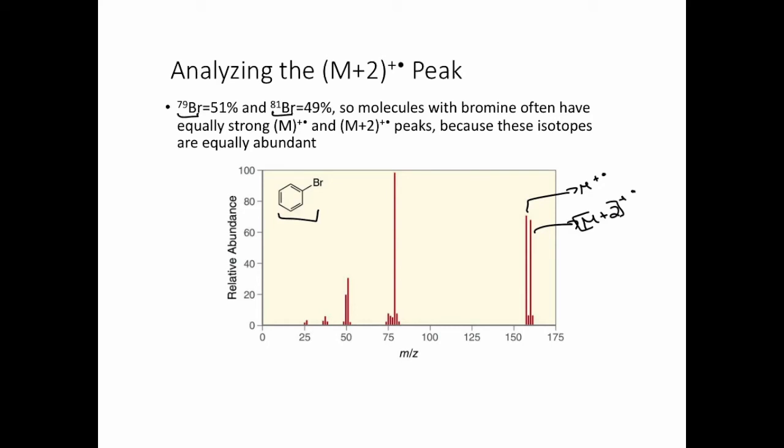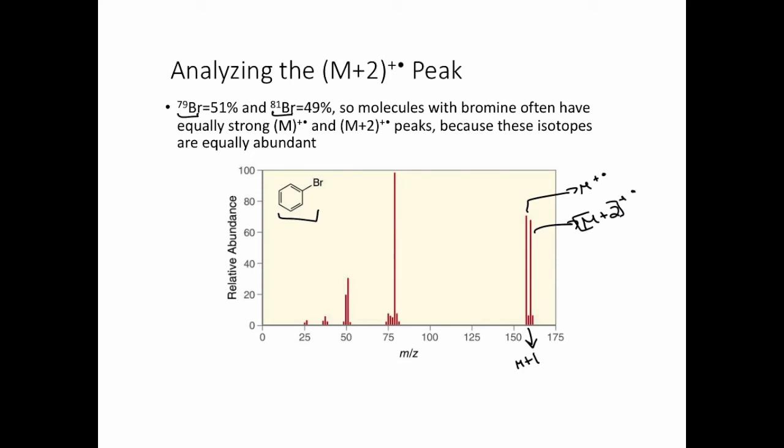So the molecular ion peak is formed if all of the carbons in the bromobenzene are carbon-12 and the bromine is bromine-79. The M+1 peak here would be the bromobenzene with bromine-79 and with one of the carbons as carbon-13.